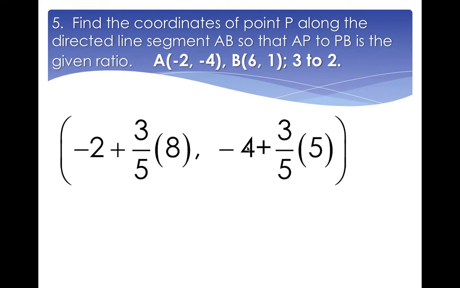Our y1 is -4. These two fractions should be the exact same, so that's the reason why we still have a 3/5. And then right here we're doing y2 minus y1, and so we're saying 1 minus -4, which gives us 5. And when you simplify those two, you end up getting 2.8 and a -1.